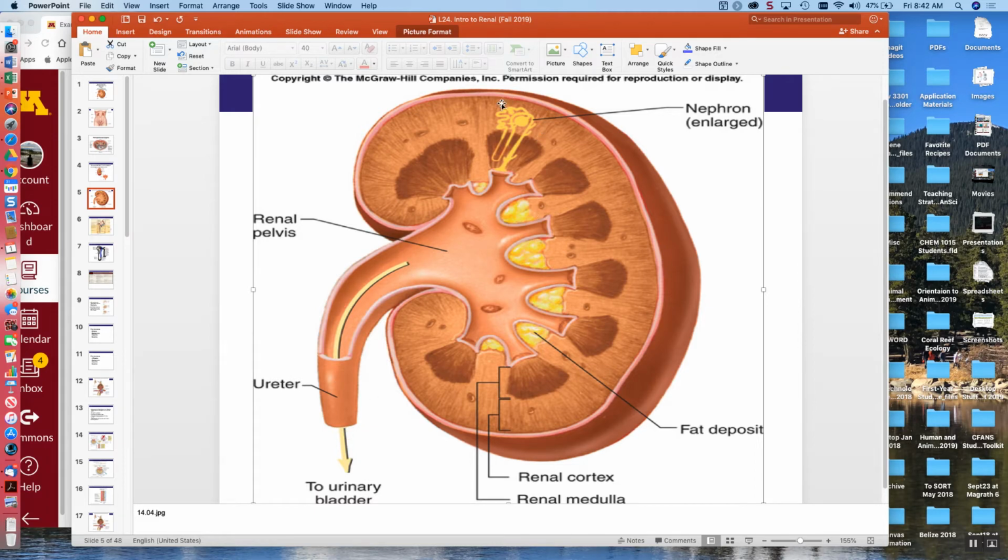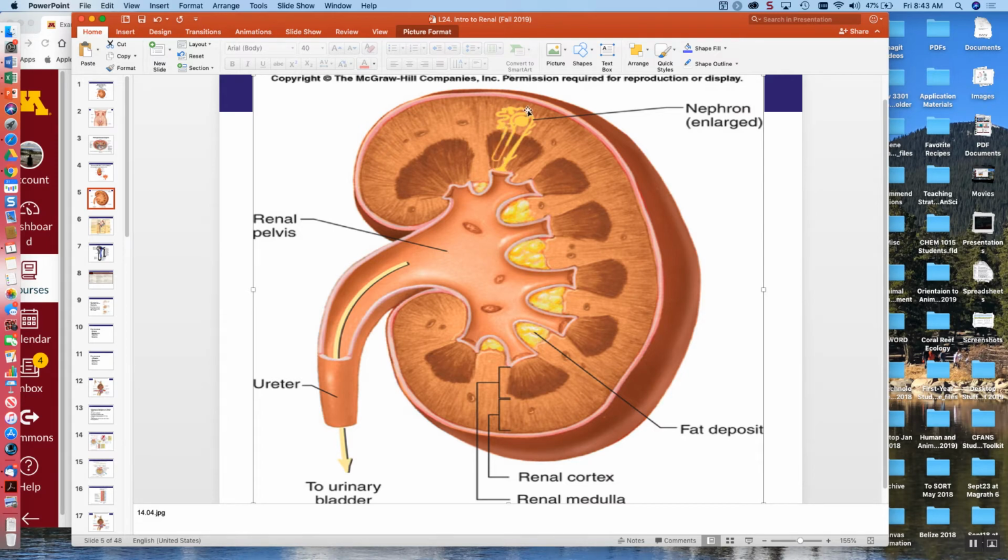Now, let's concentrate on the nephron. This is way too big. It says enlarged. Your nephrons are not this large, but this is a good way to look at the structure. You can see the glomerulus, or the bulb, is in the cortex region. And as I mentioned before, the loop of Henle dips way down into the inner medullary region and then back up.